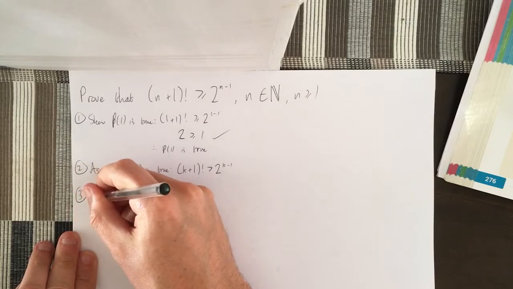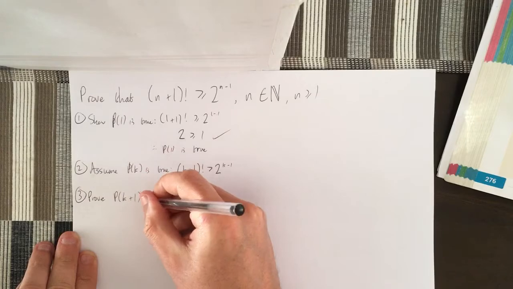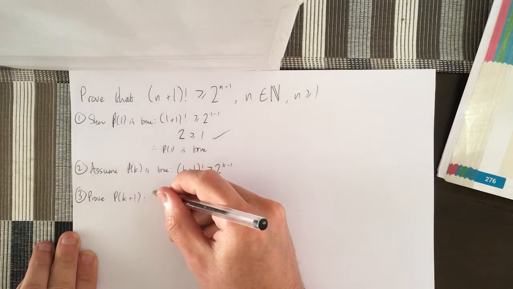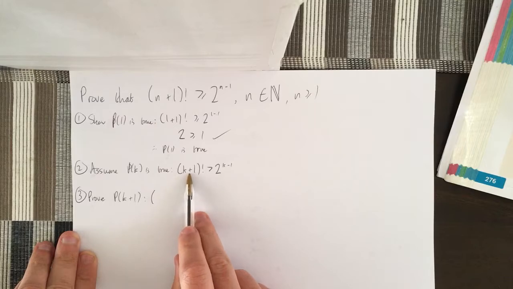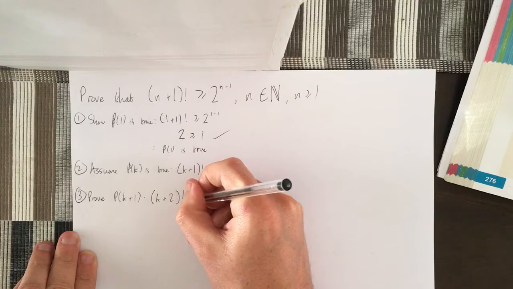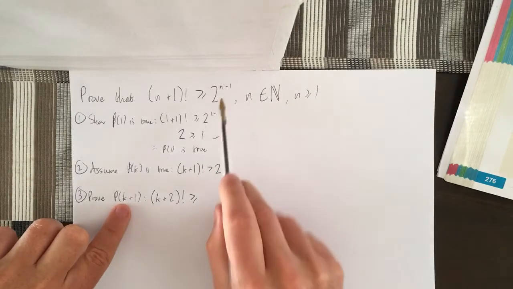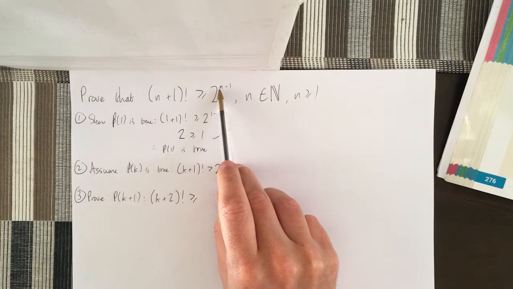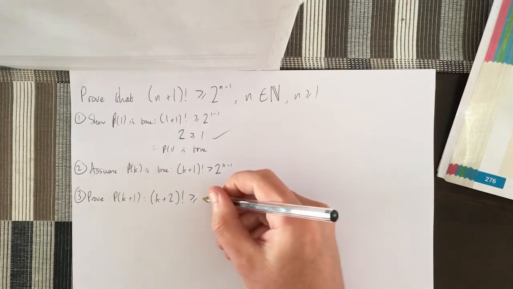Step 3, prove P(k+1). So on the left hand side this is going to be (k+1+1), so it's going to be (k+2) factorial is greater than or equal to, and I'm subbing k+1 in for n, so k+1 minus 1, and 1 minus 1 is 0, so it is just 2 to the k then.